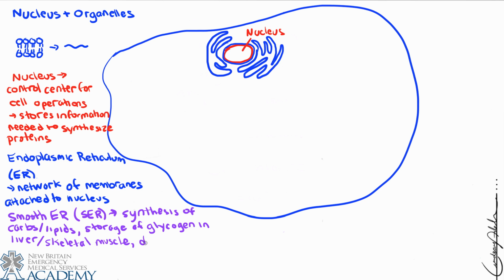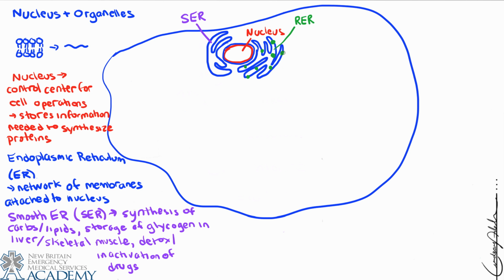The smooth endoplasmic reticulum is also responsible for detoxification and inactivation of drugs. One thing we can start to appreciate early on is that many of the things we know the body does will be attributed to what cells do and what the structures inside of cells are doing in order to make those processes happen.